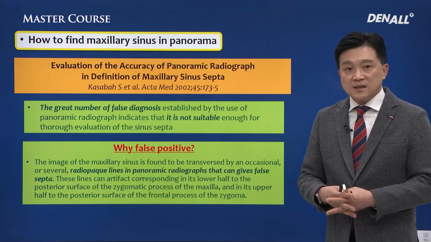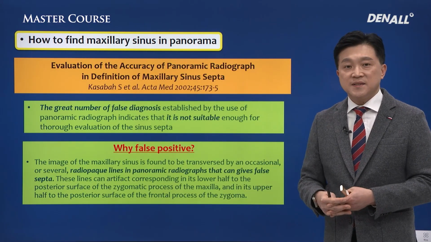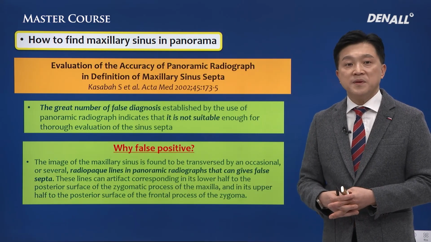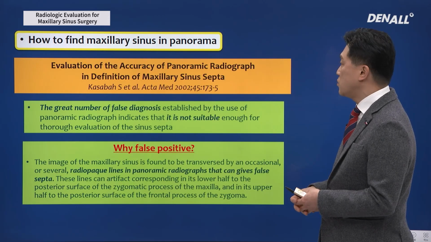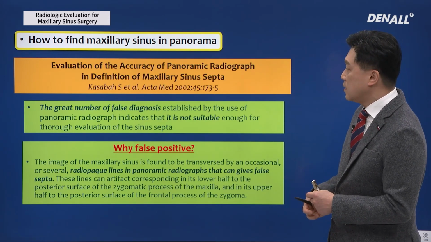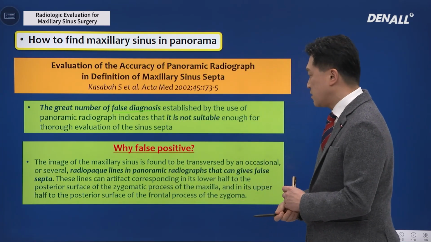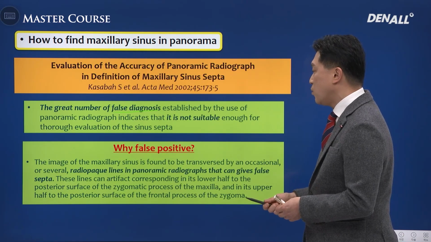If you look at literature, in finding the septa within maxillary sinus, many questions have been raised whether panoramic images are appropriate. This is literature in 2002, and great number of false diagnoses can occur because of different overlapping structures.